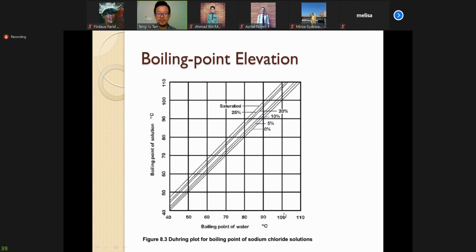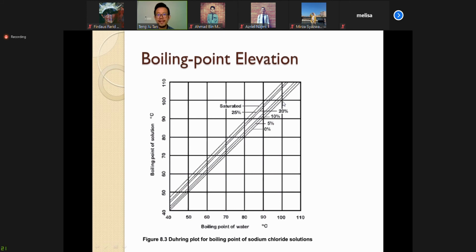So at 100 degrees Celsius, you go up. Let's say this is the sodium chloride solution at 0%, meaning there's no sodium chloride at all, so it will also be 100 degrees Celsius, the boiling point.